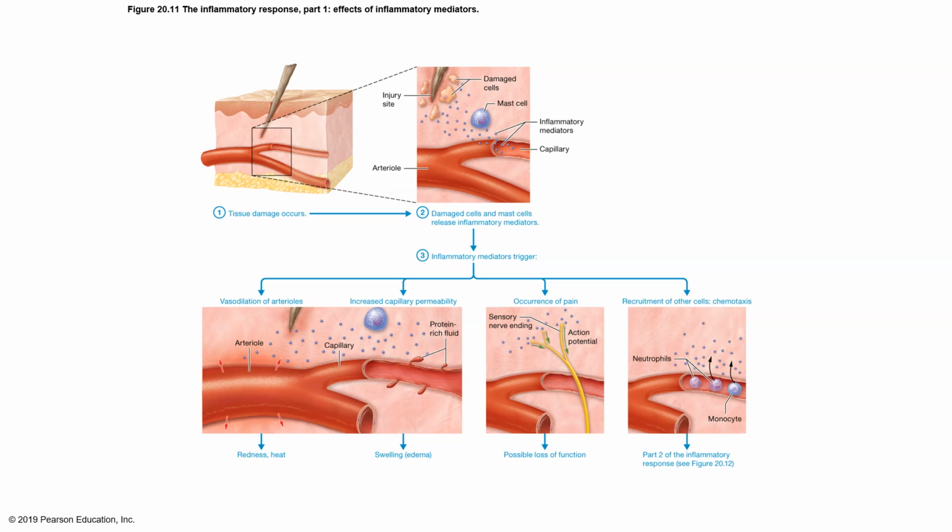The neutrophils will be recruited via the chemotaxis. Those chemical signals that were released during the inflammatory process will recruit more cells to the area. And that'll initiate the second part of the inflammatory response.